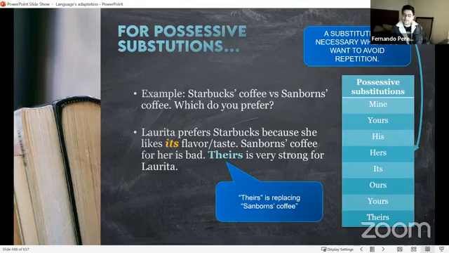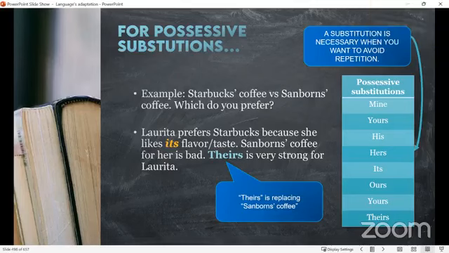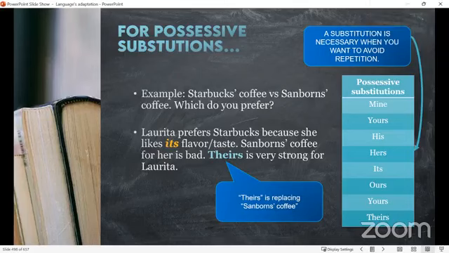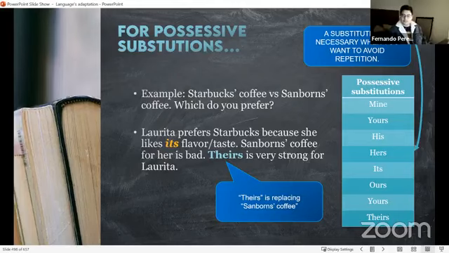But for its, we use it like a substitution. We need to have a previous flavor or taste or not? There aren't flavor or taste before. I don't understand. What is the observation?